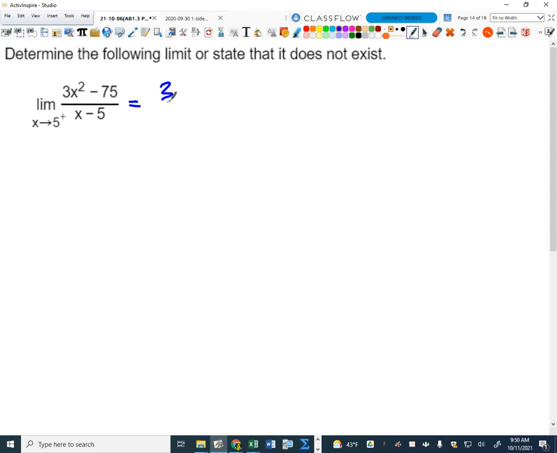And I'll just pull that 3 out in front of the limit even. Okay, we're still getting 0 over 0, so what else do we need to do here? Factor the top.